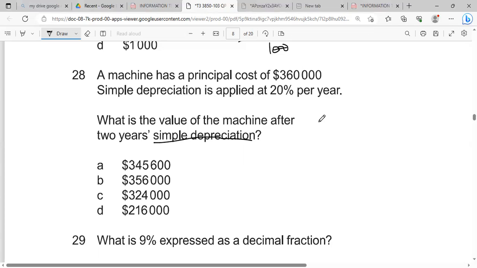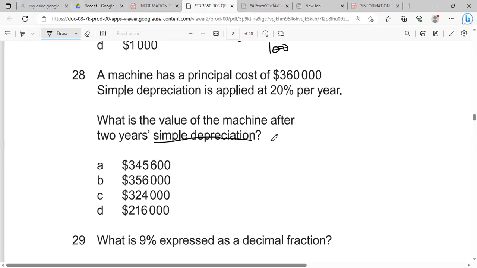After 1 year you decrease it by 20%, and for the second year you decrease the new value by 20%. But in City and Guilds, if they say simple depreciation, it means it's a flat rate over the 2 years.